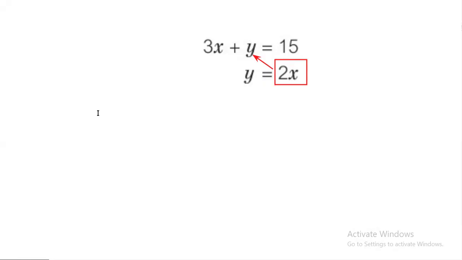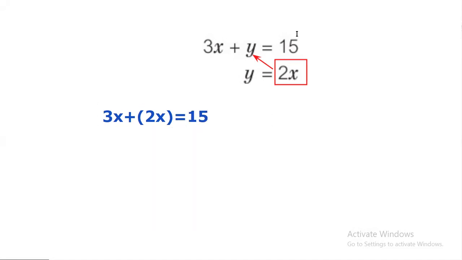So I'm going to rewrite the equation. So 3x, let's make it bigger so we can see it. So 3x plus y, I put 2x instead of it. So it's going to be like this, plus, and I put it inside a bracket, so 2x. And I'll tell you why we put these inside brackets, and then equals 15.